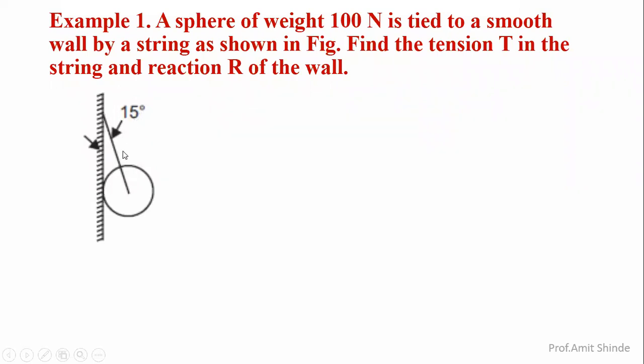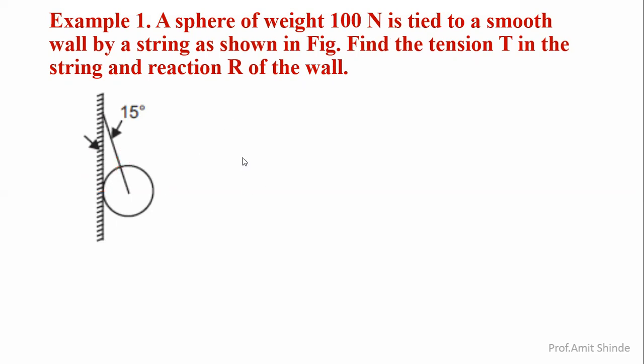The sphere is also in contact with the wall, so a reaction R develops, as well as the tension developing inside the string, which we have to find out. How do we find this?